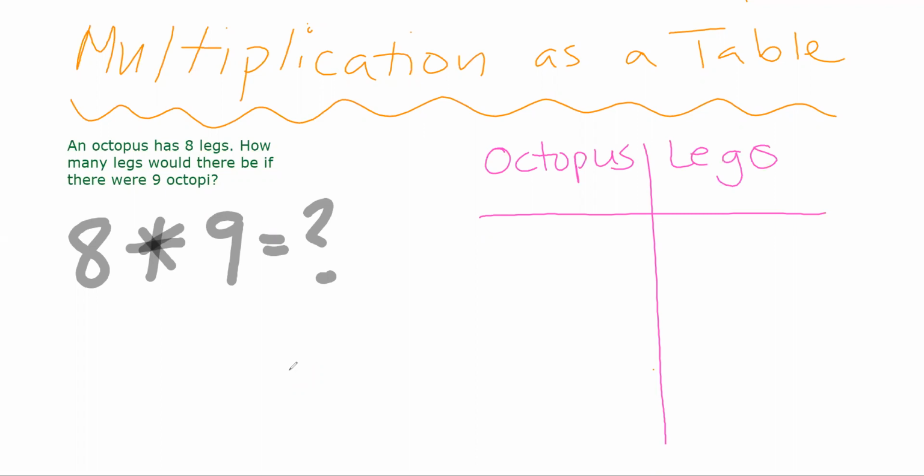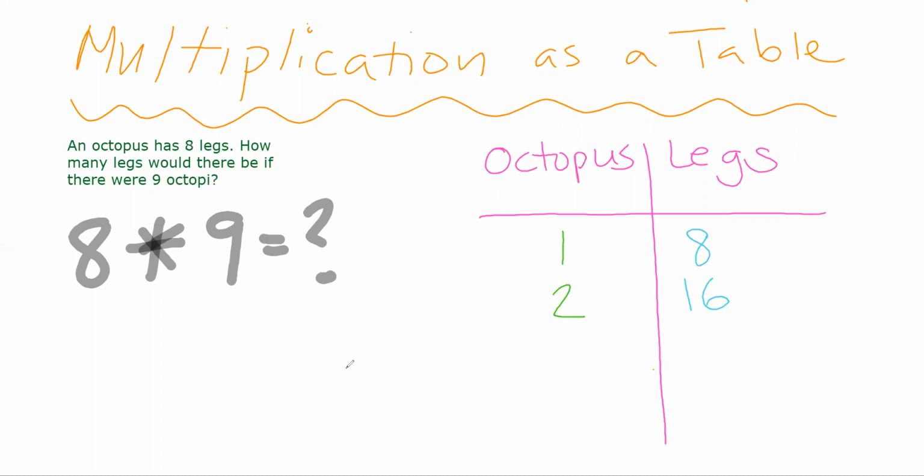So if we had 1 octopus, we would end up with a total of 8 legs, like we know that for a fact. And if we had 2 of them, that's going to get me 16 legs, right?